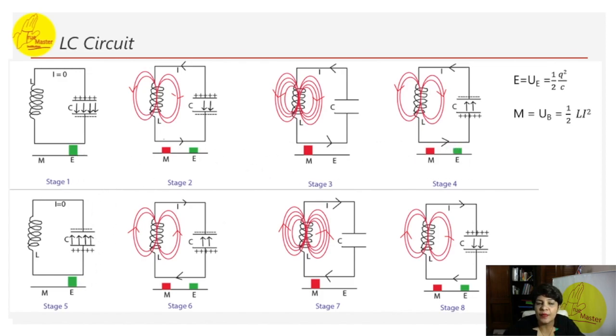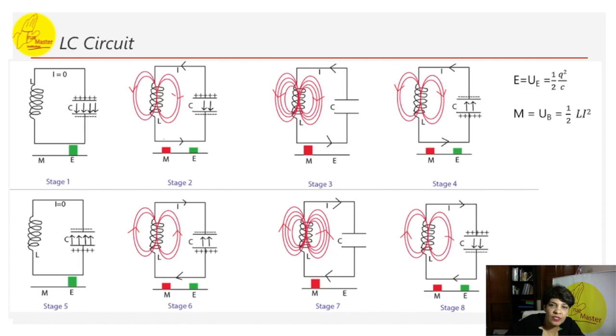The capacitor begins to discharge now. The energy stored in the capacitor is being discharged again by sending current in the opposite direction. The energy again starts being transferred to the magnetic field of the inductor. See here, from this positive plate, current is going to flow to the inductor.